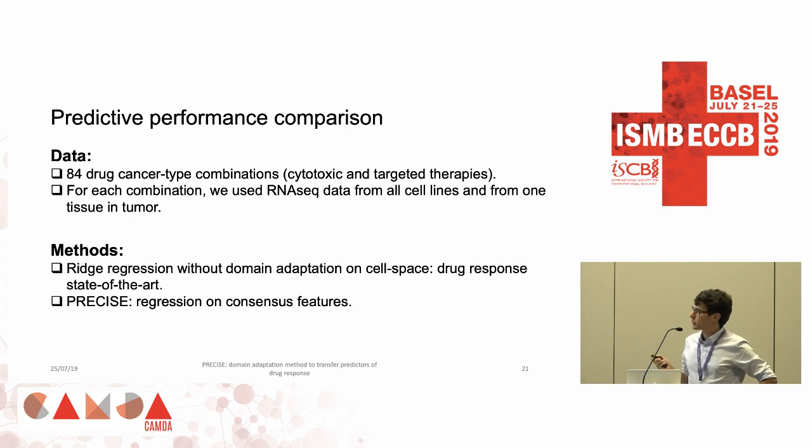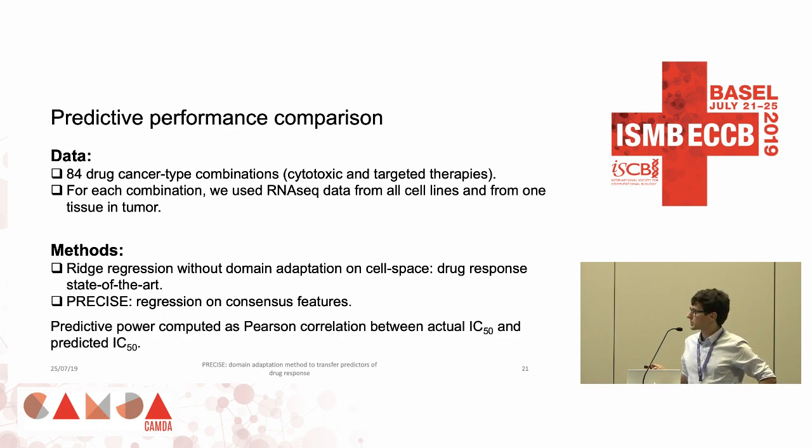And then we use a baseline, that is the ridge regression, without any domain adaptation, so solely on the cell space of these cell lines. This has been proved to be a state of the art in drug response prediction. And the second method is, of course, PRECISE with a regression on these consensus features.